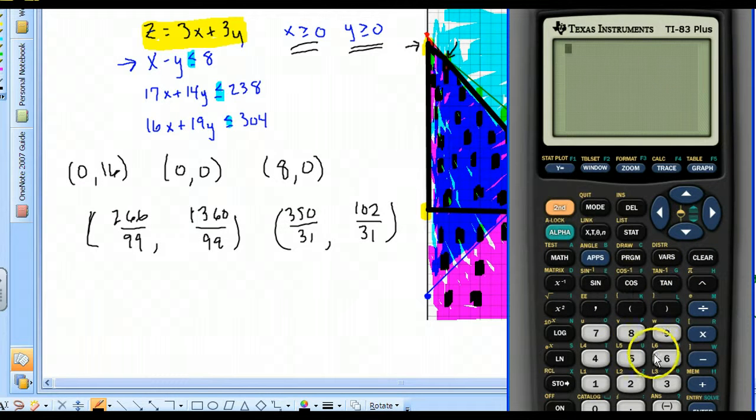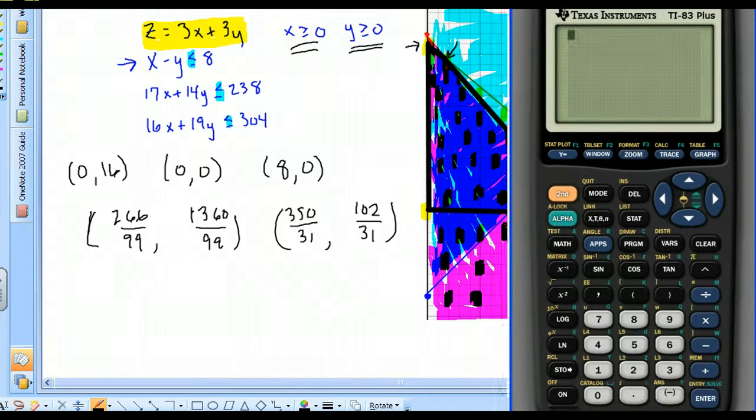Z is what we're trying to maximize here, so we're going to put in 3 parentheses and then just start with any one point you want to use. 0, 16. 0 plus 3 times 16. That made it 48. Obviously 0, 0 is going to make that sum equal to 0, so we're trying to maximize it, so that's not going to work.